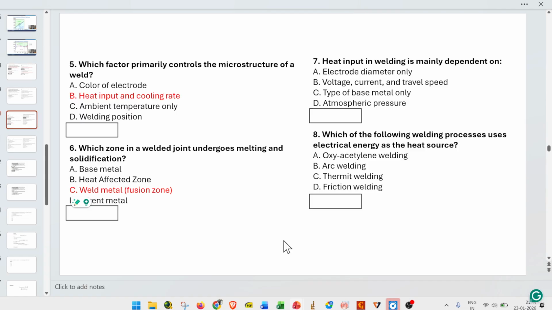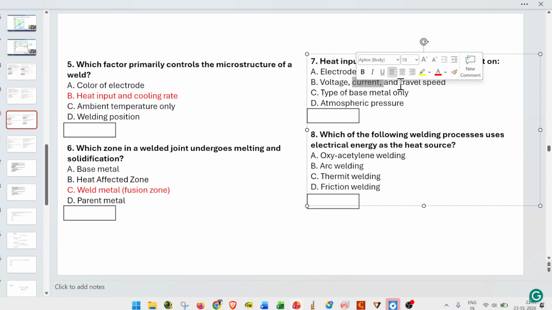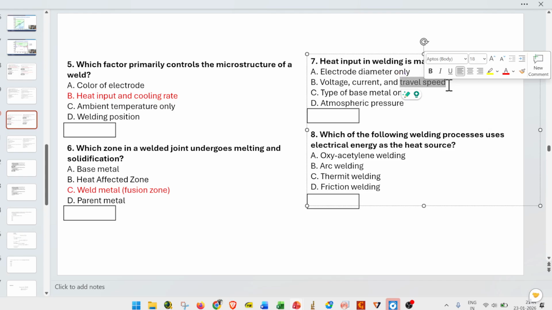Yes, because once the voltage and current increase, the power supply increases. Voltage should be high, current should be high, and traveling speed should be low. If the traveling speed increases, the power density is reduced.